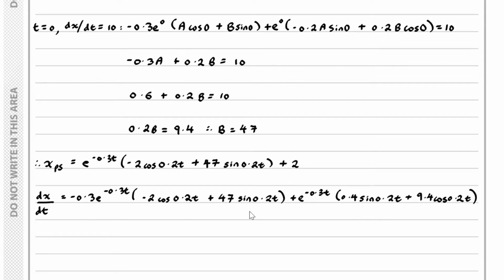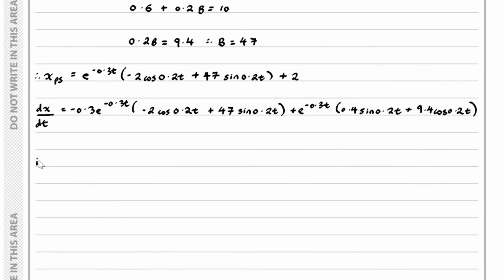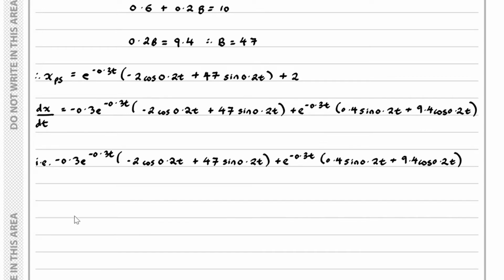So we now need to set all of this equal to 0. So let's just write all this out again and set it equal to 0. We've got dx over dt, which is this. All of this is equal to 0. So what we can now do is simplify all this by collecting like terms.